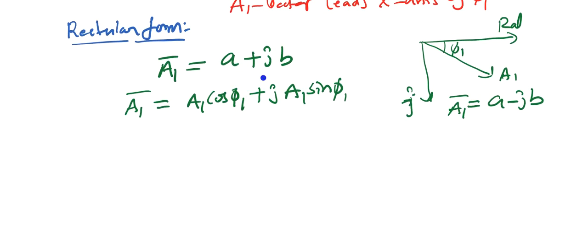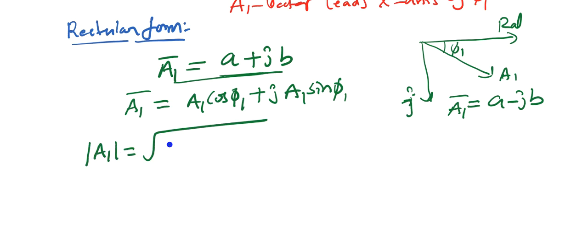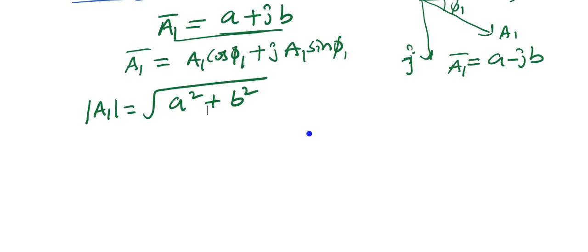I can find it as the square root of a square plus b square. So I am simply applying the vector algebra which you have already studied in your plus two standard. So that is the concept I am trying to recall here.